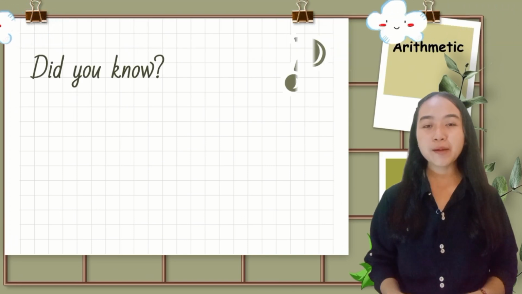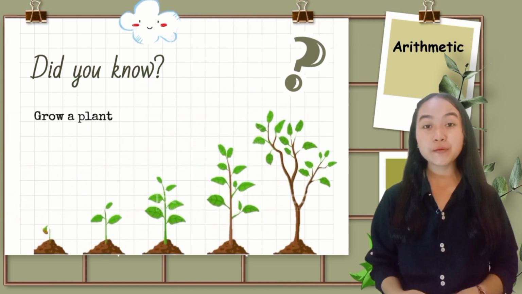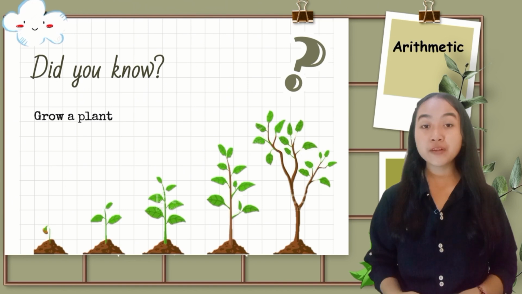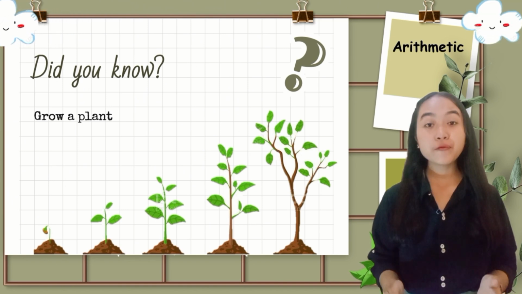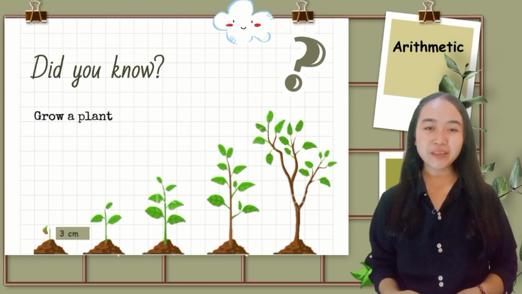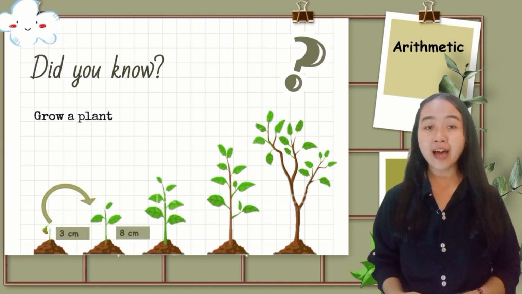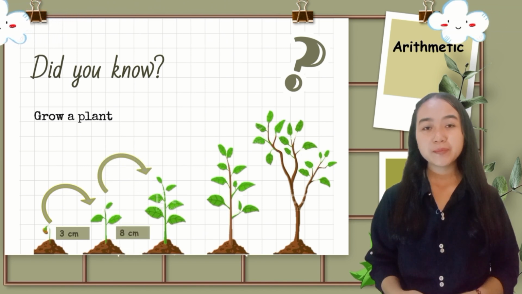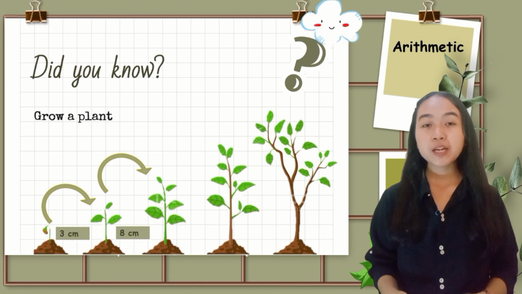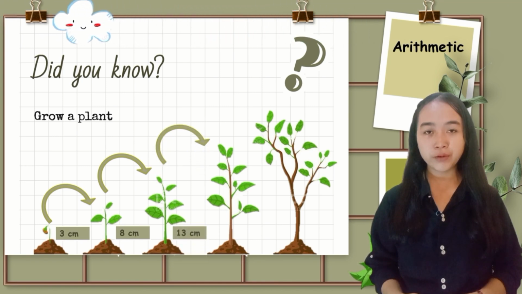If we take an example, we grow a plant, and we take care of the plant so that every week we observe the height of the plant. In the first week, the plant has a height of 3 centimeters. The plant has increased to 8 centimeters in height for the second week, and because it thrives, the plant grows to 13 centimeters in the third week.